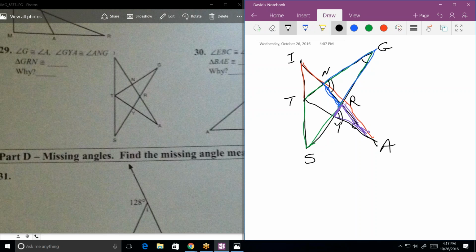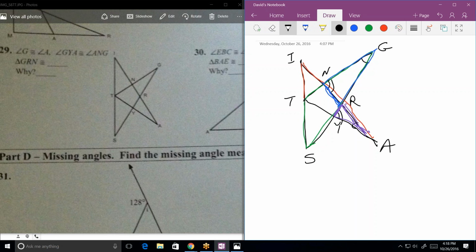I'm thinking, yeah, what to do. There's no side here that's the same side for different triangles. Oh, yes, there is. That's IS. IS is the same side for two different triangles.